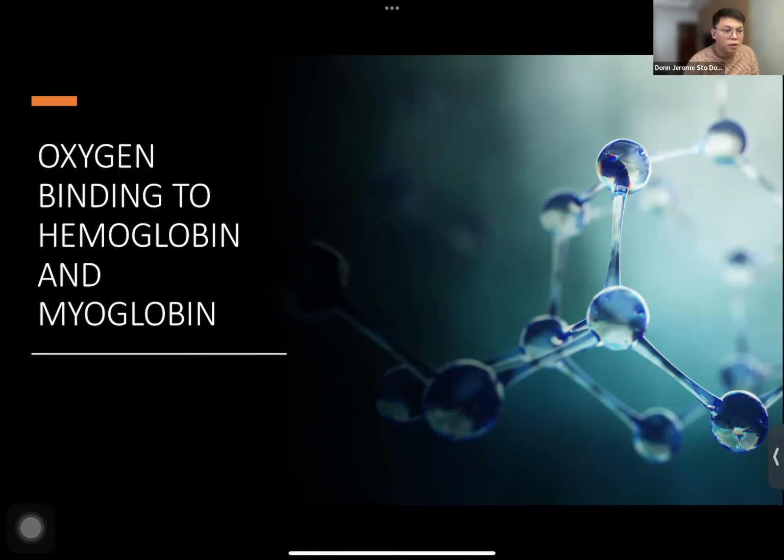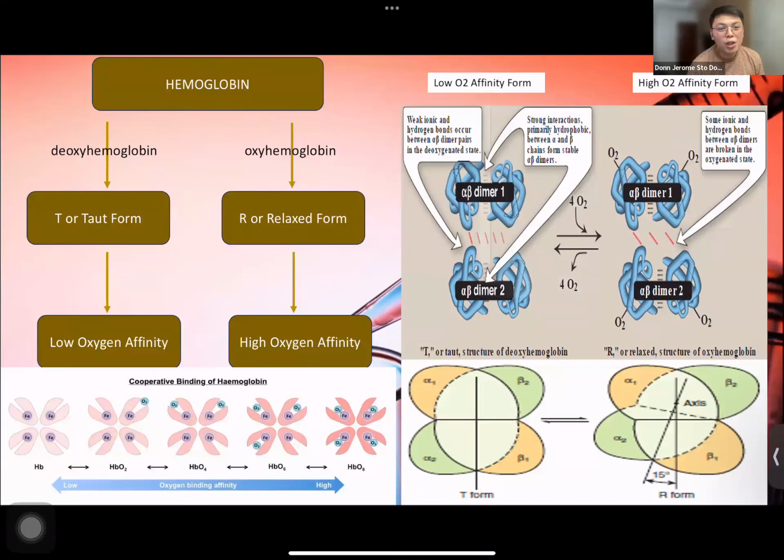Okay, so for the next part of our discussion, we'll be discussing oxygen binding to hemoglobin and myoglobin. So there are actually two forms of hemoglobin depending on its ability to bind oxygen, no? First, we have your T or taut form. That is also called the low oxygen affinity form.